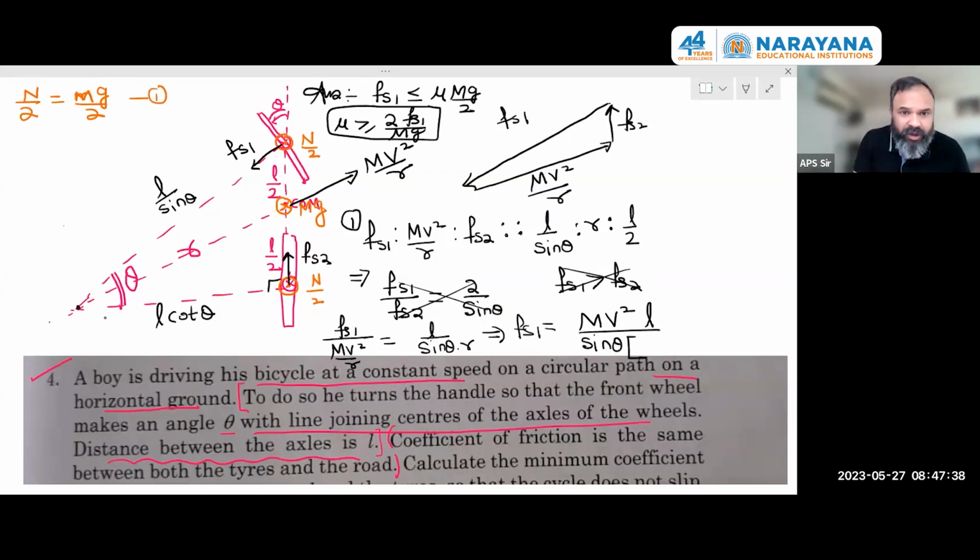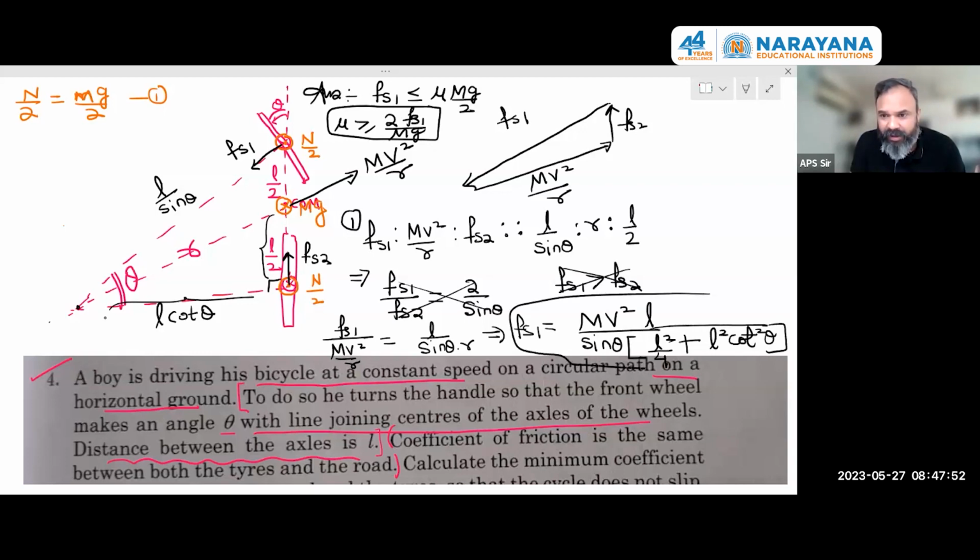And what is this r square term here? So by Pythagoras, this is L by 2, this is L cot. So r square is L square by 4 plus L square cot square theta. Now, good thing is all the parameters which are written in this equation are given to you. So my answer is ready now.